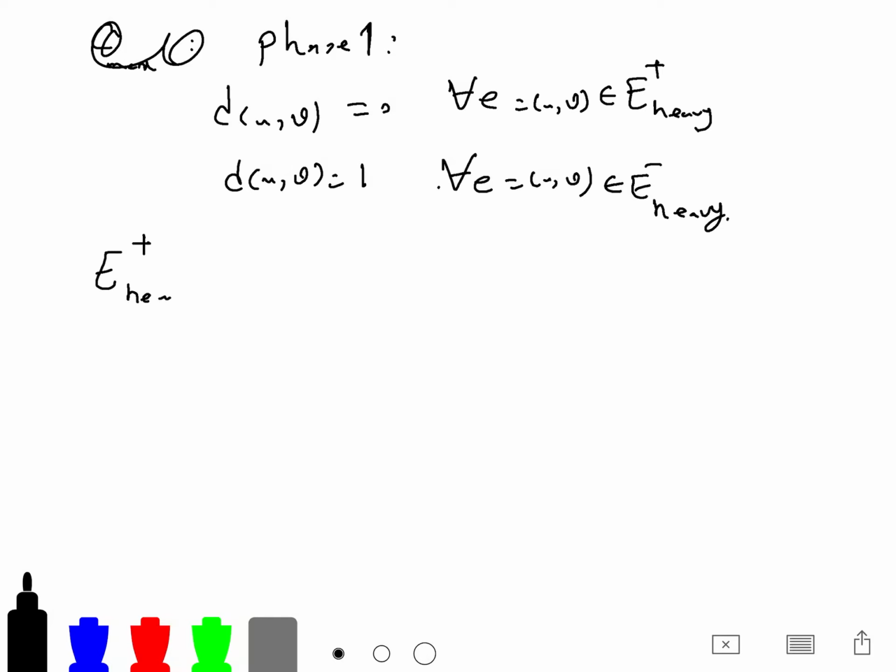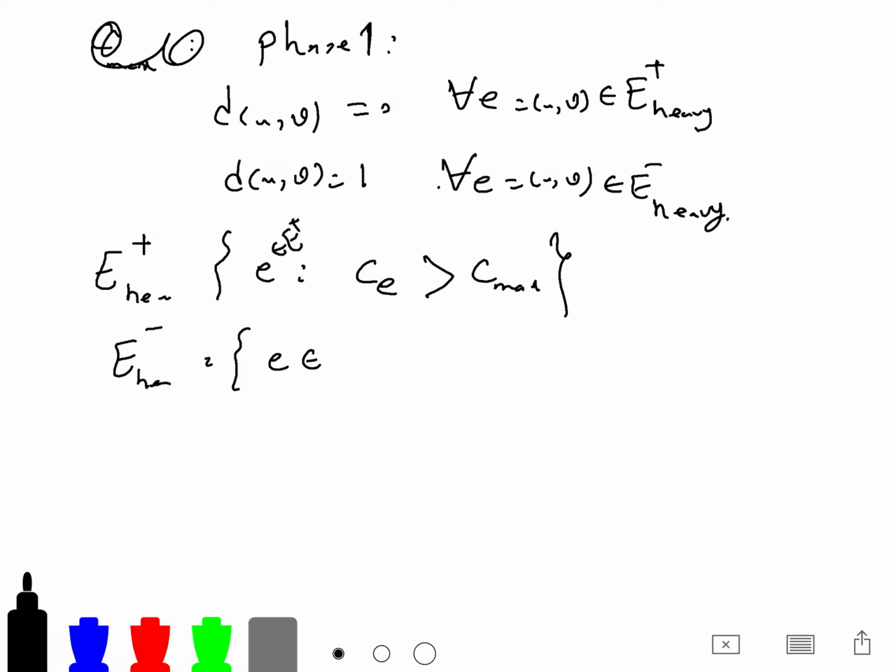And of course, by E plus heavy, I mean all of the edges whose capacity is greater than C max. And E minus heavy means all of the edges in E minus such that c_e is greater than C max.